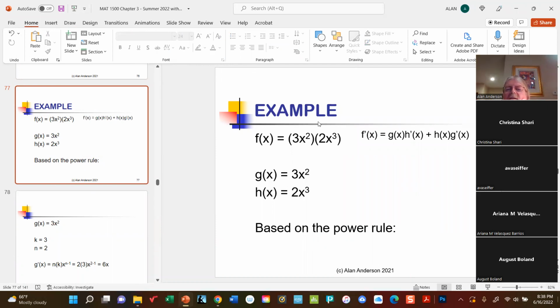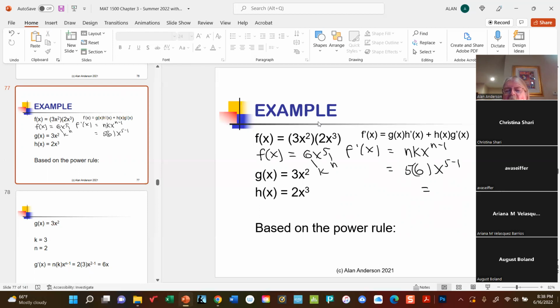In a case like this, rather than using the product rule, what you could do is just multiply it out, and you'd have 6x to the fifth, and then f prime of x, because this is our k and this is our n. You would have 5 times 6, x to the 5 minus 1, 30x to the 4th, and you'd be done.